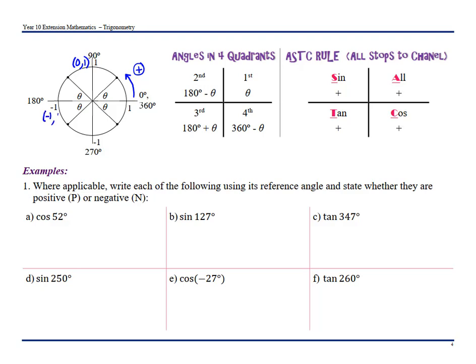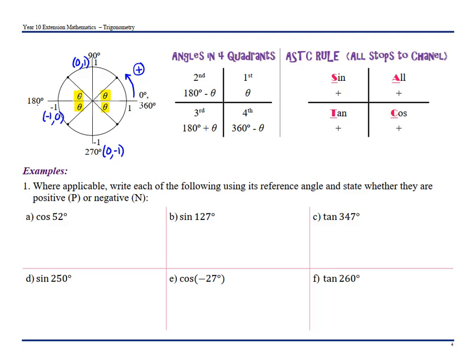At our (-1, 0) point, we're at 180 degrees. At our (0, -1) point, it's 270 degrees, and then we're back at 360 degrees. And the theta that we deal with is always there. Okay, so if we're in our first quadrant, we're dealing with theta.